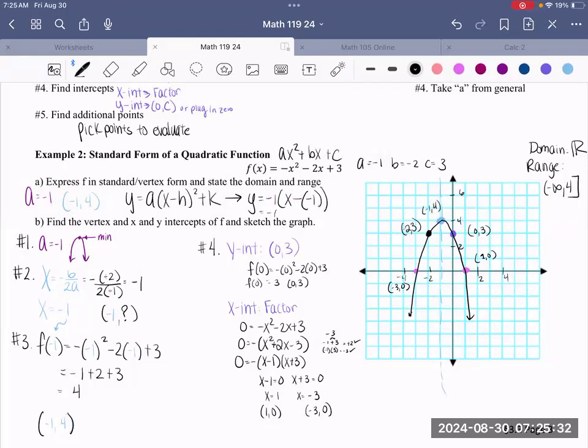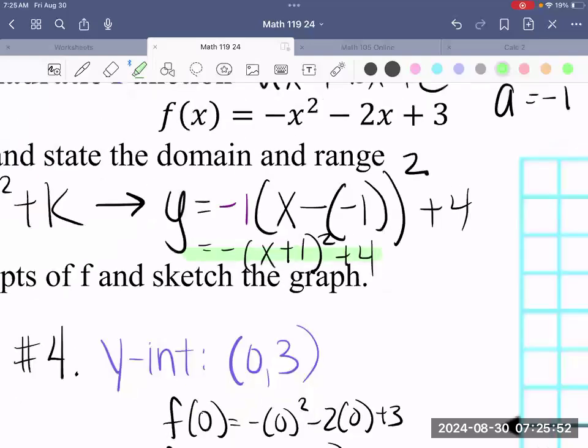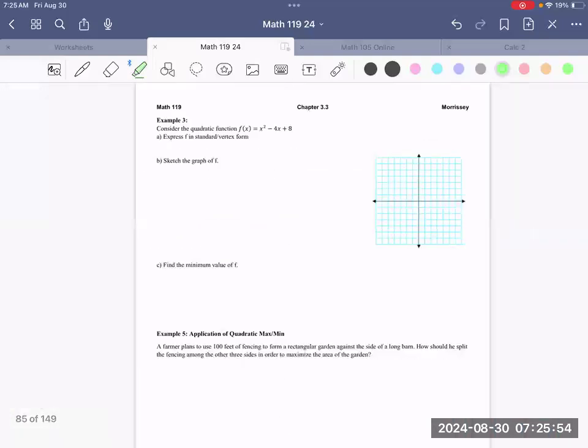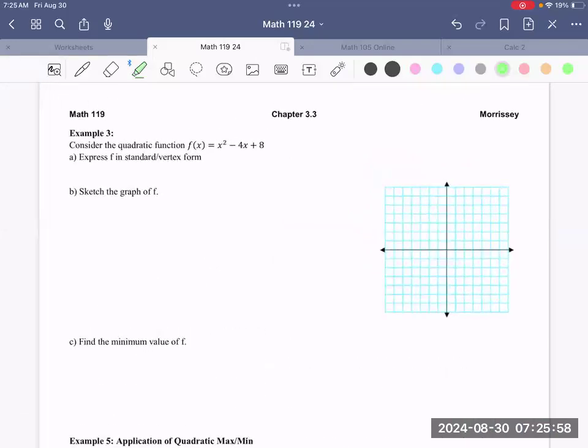So this will be -x plus 1 squared, and then plus k. So your final should be -x plus 1 all squared plus 4. So now let's have you repeat the process on this one. So pause the video and see if you can try out example 3.